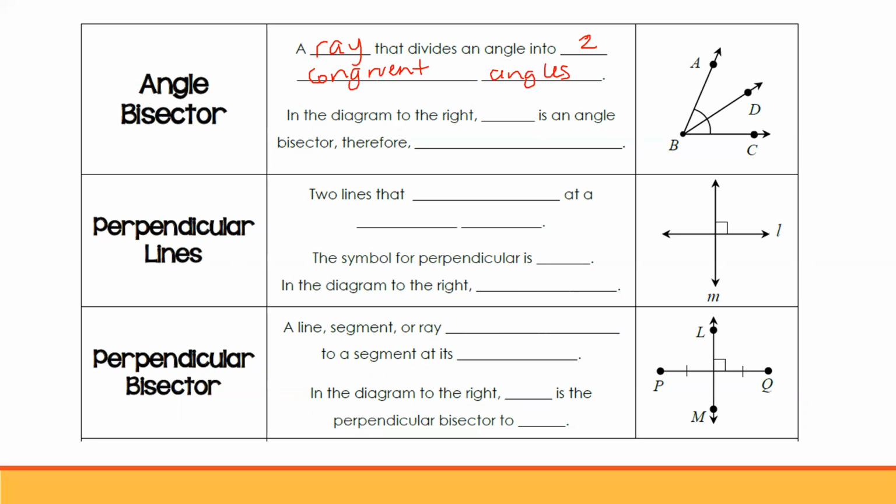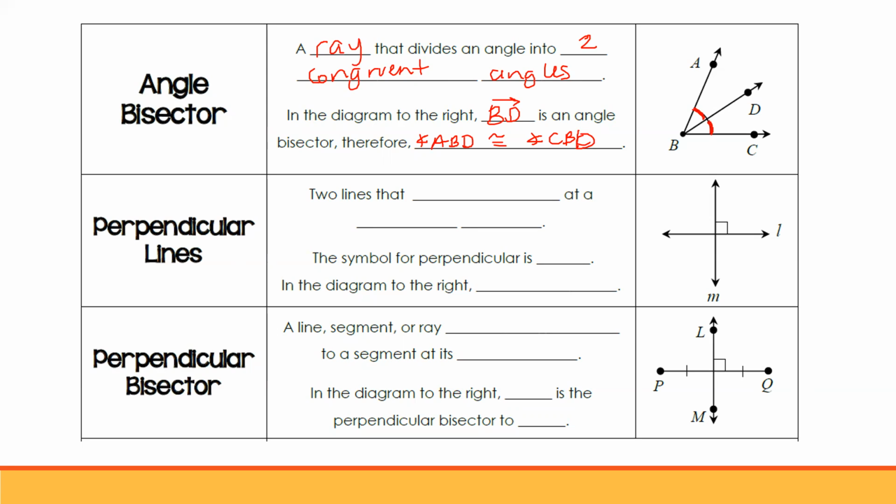In the diagram over here, ray BD is an angle bisector. So because it's an angle bisector, I know that angle ABD is going to be congruent to angle CBD. And in the picture, that's labeled here with these 2 arcs. Okay. So this little arc and this little arc are showing me that those 2 pieces are indeed congruent, or the same measure.